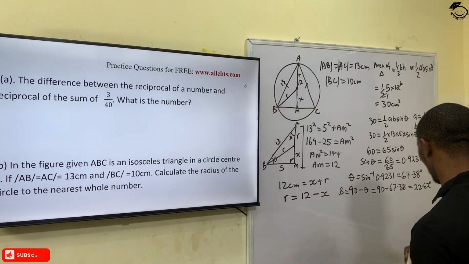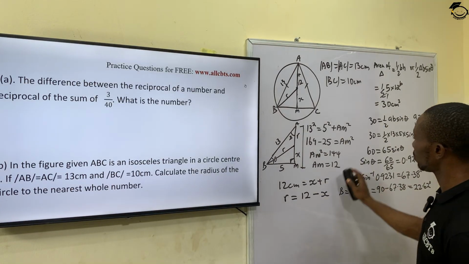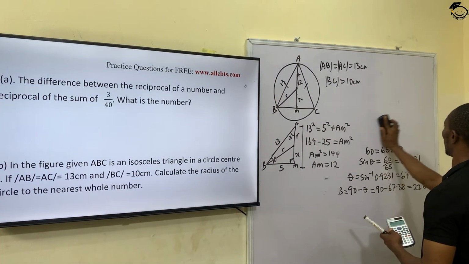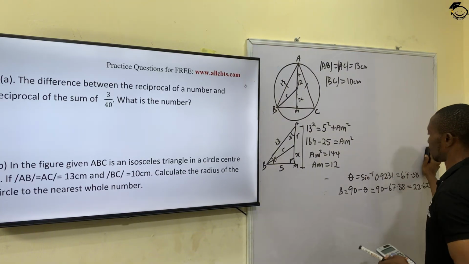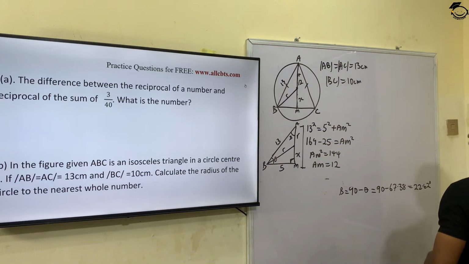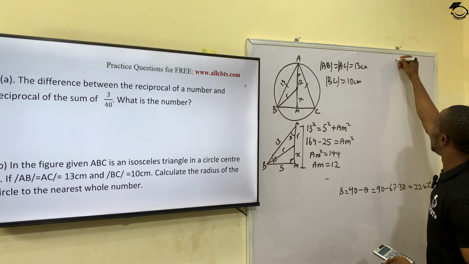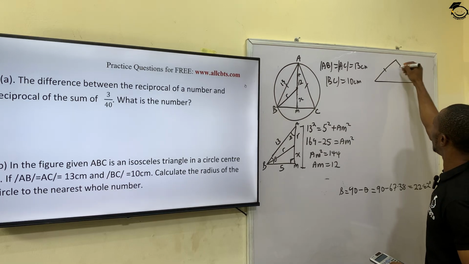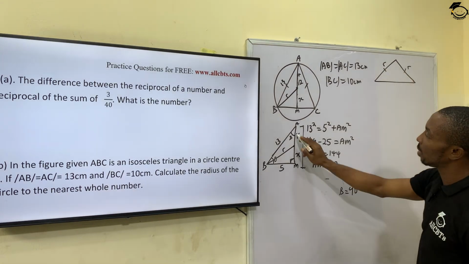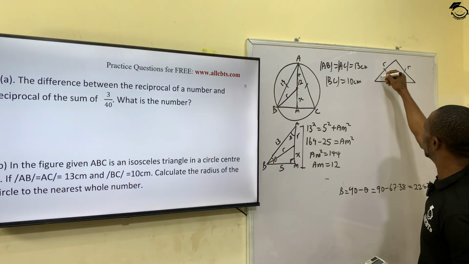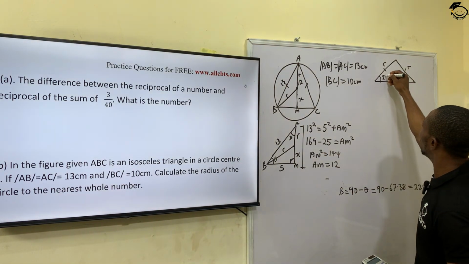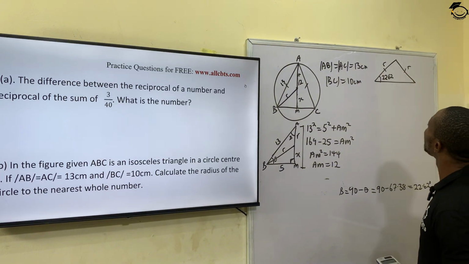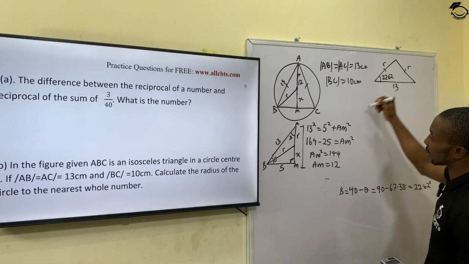Having our triangle in this form, where we have this as a radius, this angle would be 22.62, and this is 13.